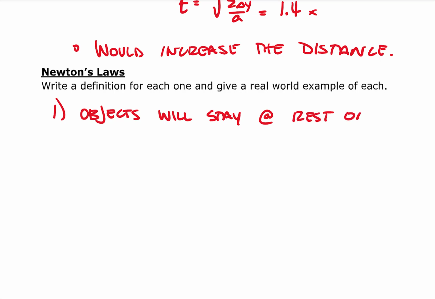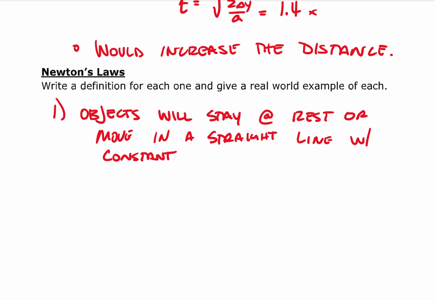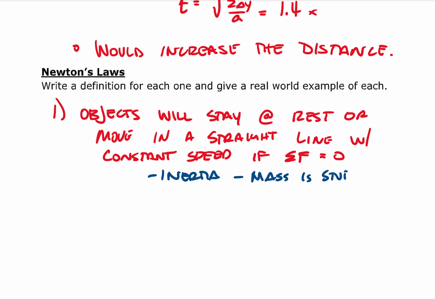Objects will stay at rest or move in a straight line with constant speed if the net force is equal to 0. This is inertia, or the idea that mass is stubborn.